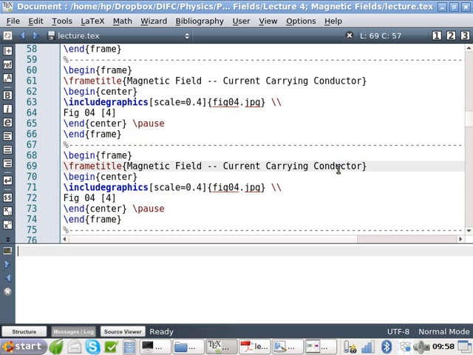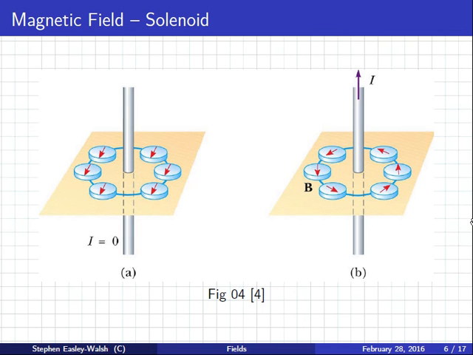The next one is called a solenoid. Alright, there is the picture there. So it just goes around the current carrying conductor. So really it's just a circle going around. So try and just draw this one here on the right. The one on the right.